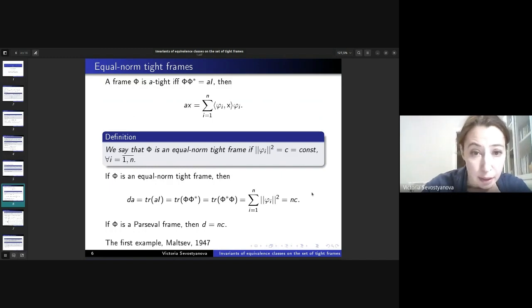The first example of such a frame was constructed by Maltsev in 1947. This paper was published as an answer to a question, by constructing a matrix with orthogonal rows of unit length and columns of equal length. In fact, it was the first construction of an equal norm Parseval frame. Let's continue.